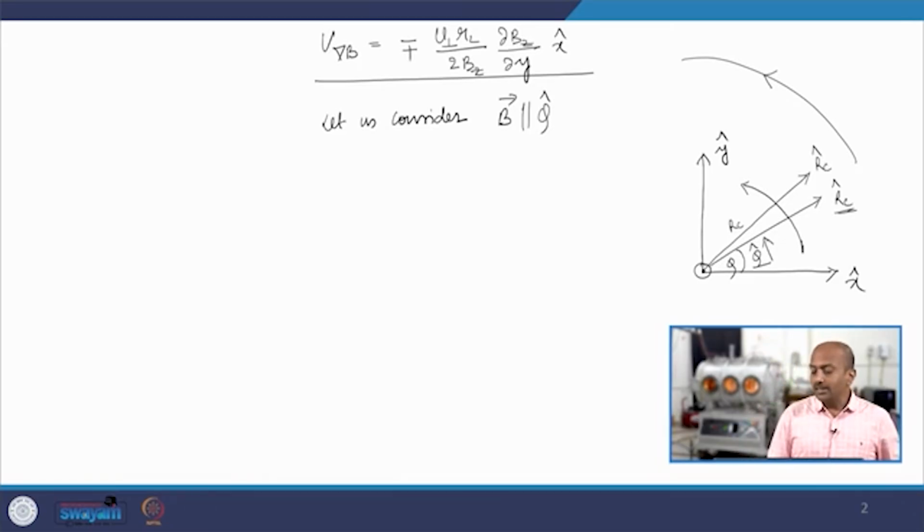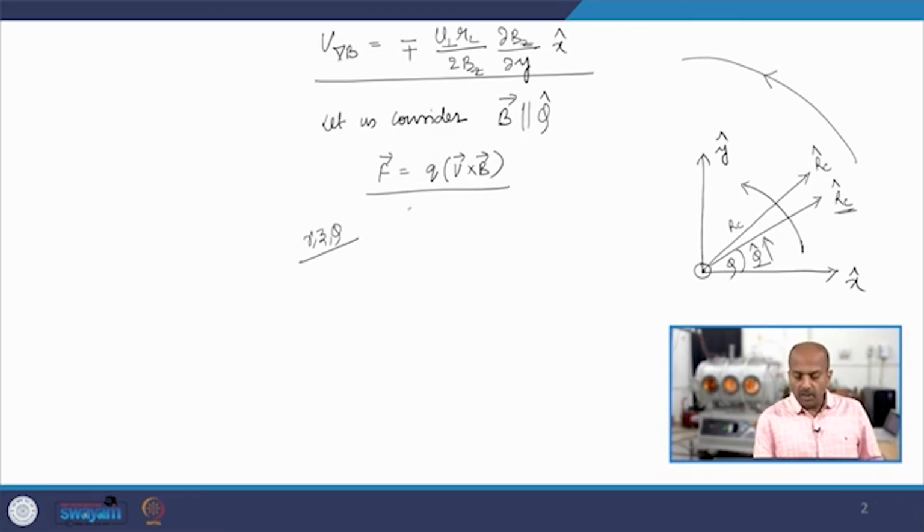Now, if you are taking the cylindrical coordinates, our equation is still the same. What is it? The force is equal to Q times V bar cross B bar. This is still the force. But we take a cylindrical coordinate system, and we write the respective equations as we take R component, Z component and phi component. These are three.